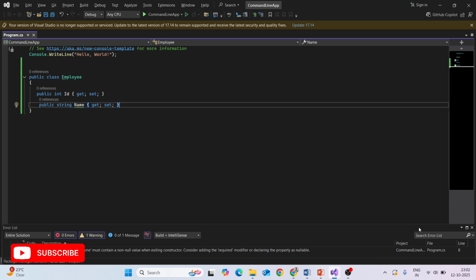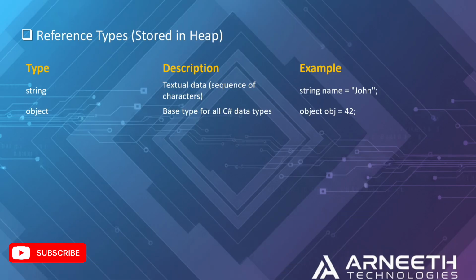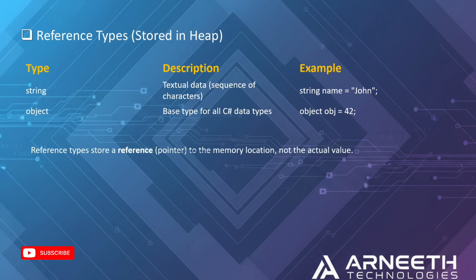This is the object value which we are sharing, like id is equal to 1 and name is equal to, suppose, Amit. This is the object type value which is stored in the heap memory. So basically a reference type stores a reference pointer to the memory location, not the actual value.